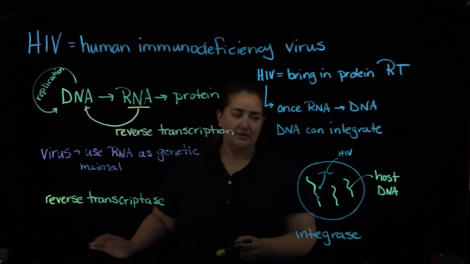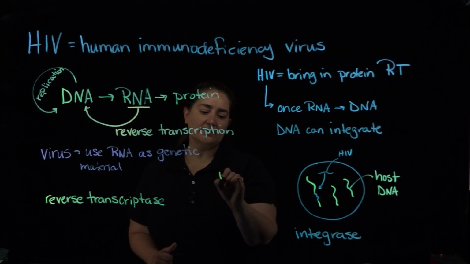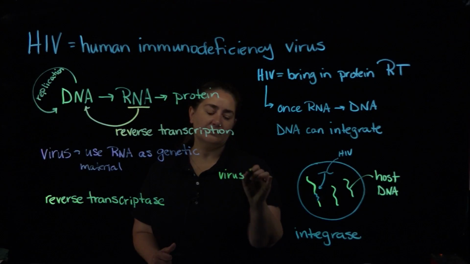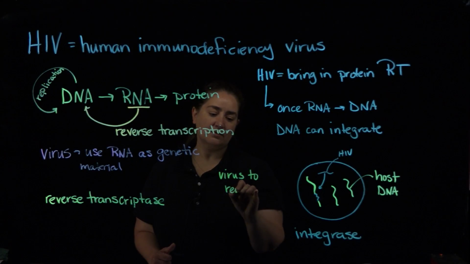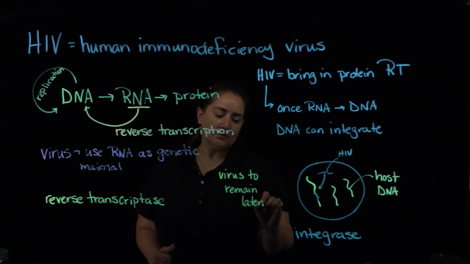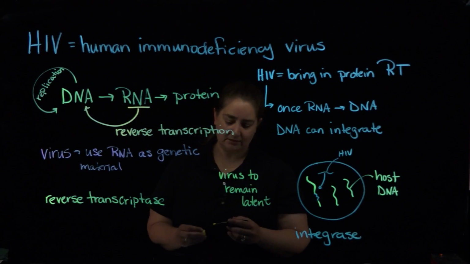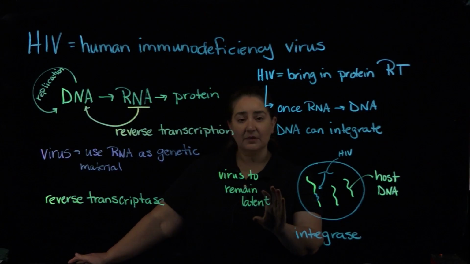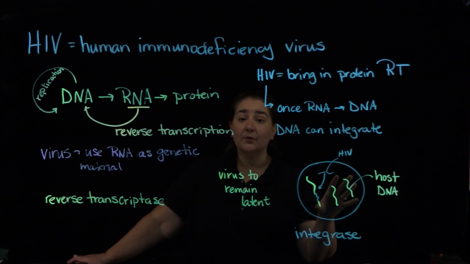What that does is that now allows the virus to remain what's known as latent, okay? That's how some people can be infected with the HIV virus, but some people will never show symptoms of having it.